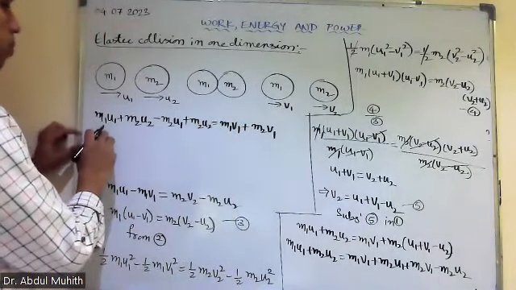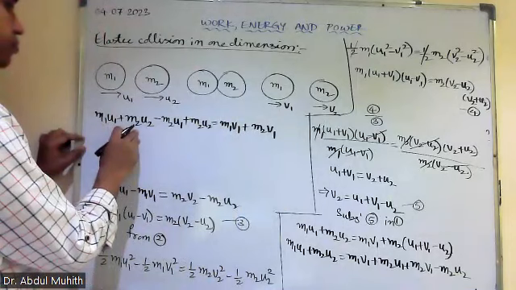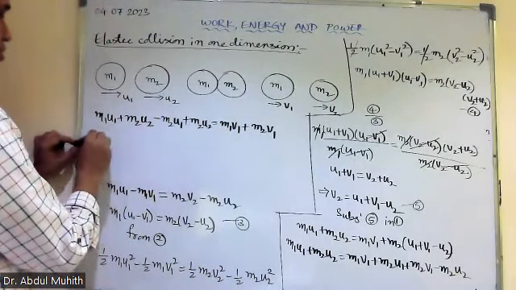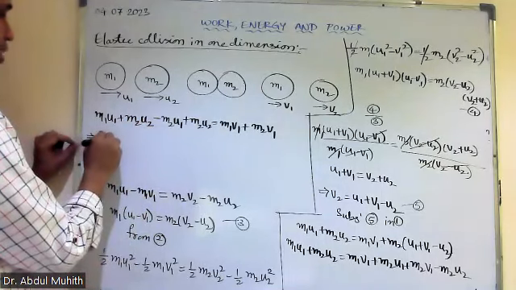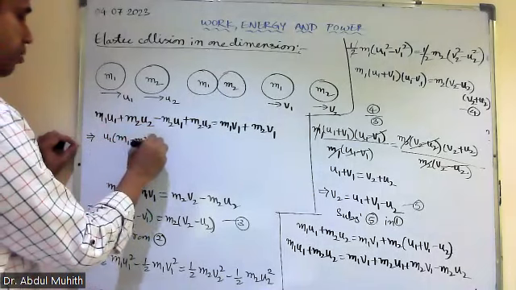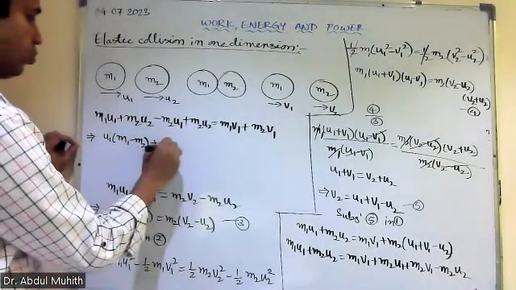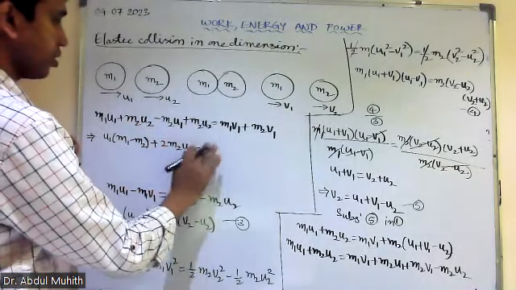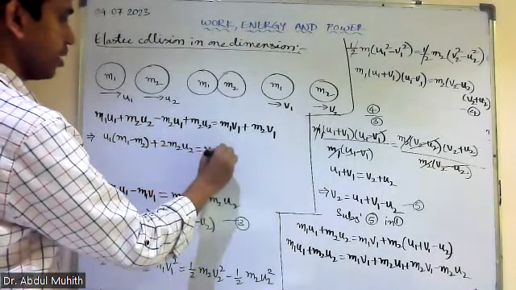Now what will happen? m2 u2, m2 u2. See here, we can take u1 common, m1 minus m2, plus this and this together, 2 m2 u2, equal to v1 into m1 plus m2.